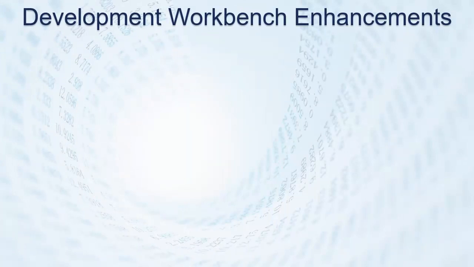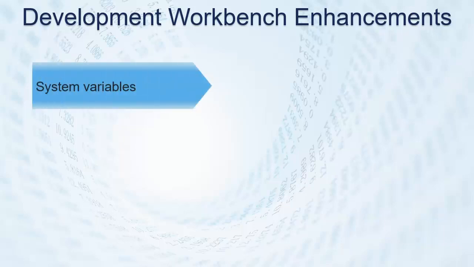Release 5.0 has several important enhancements in the development workbench. These are the introduction of system variables, which are variables defined by Data Exchange to allow read-only access to information from the transformation, the transaction, the source, and the target in an expression.